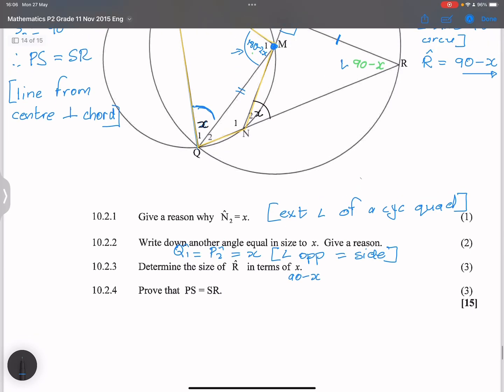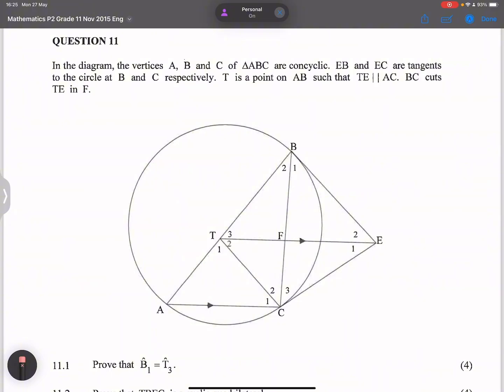Now we're going to hop on to question 11. We are concluding this paper. It says in the diagram, the vertices A, B, and C of triangle ABC are concyclic, meaning that they are actually touching the circumference of a circle.